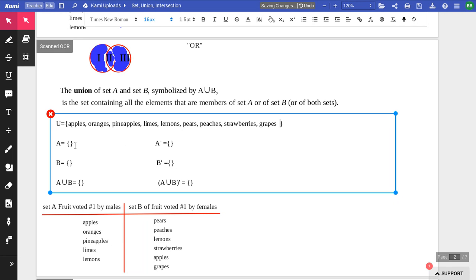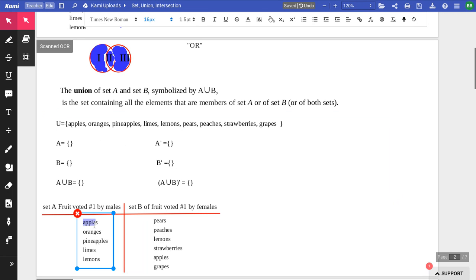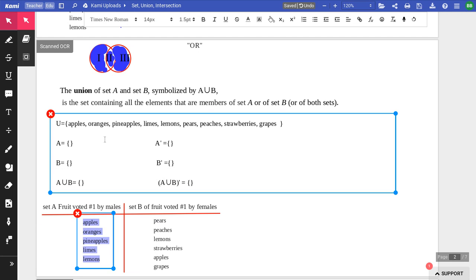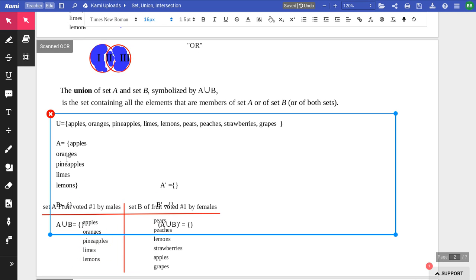And we know that A represents the apples, oranges, pineapples, limes, lemons. This is a good exercise to just get familiar with this.